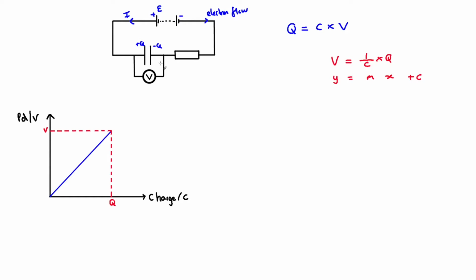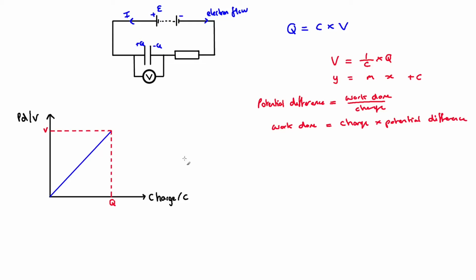Now we know that the definition of potential difference is potential difference equals work done over charge, or in other words, work done equals the charge multiplied by the potential difference.